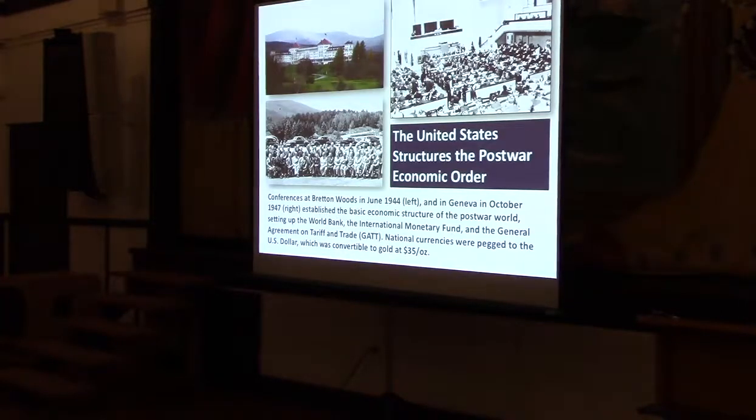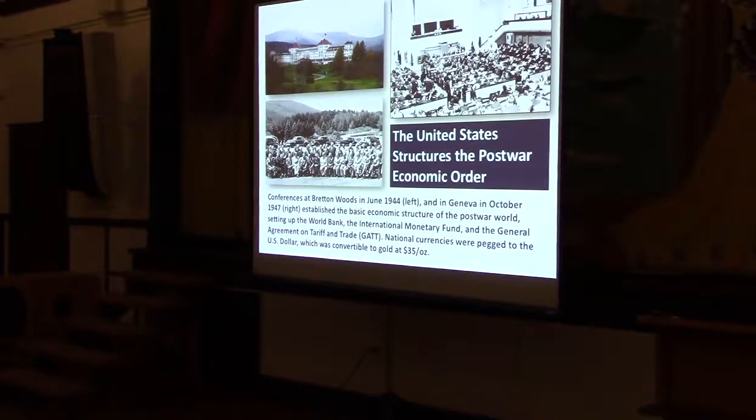The International Monetary Fund, the General Agreement on Tariffs and Trade, the other sort of signal institutions of the Bretton Woods Agreement, and the fundamental principle behind it, of course, free trade. So now the United States, as it emerges as the predominant global power, sort of takes over from the British as the champion of free trade.